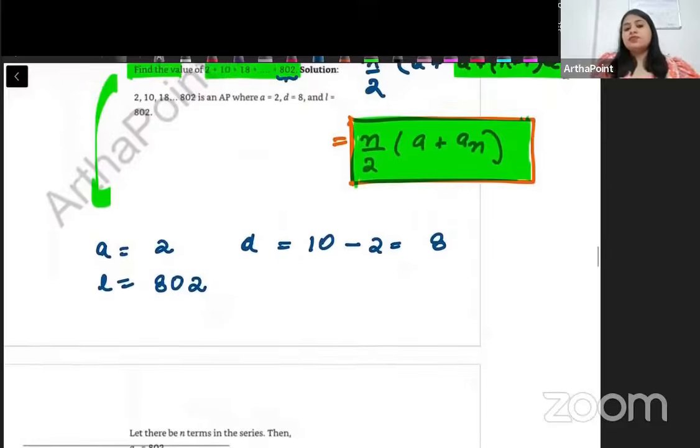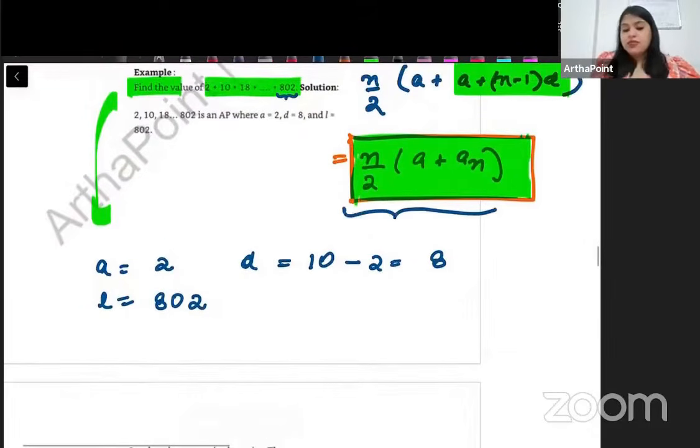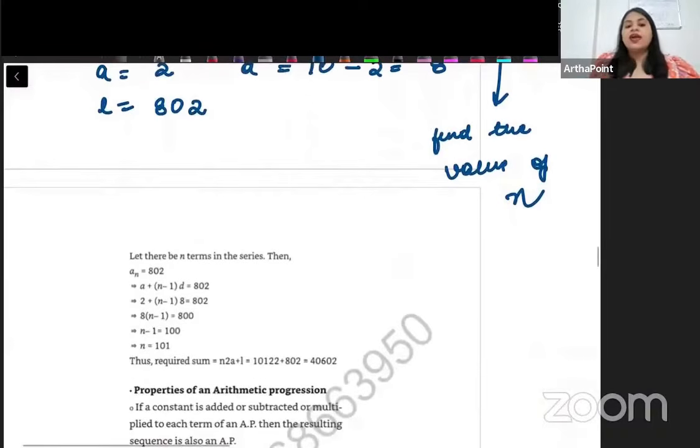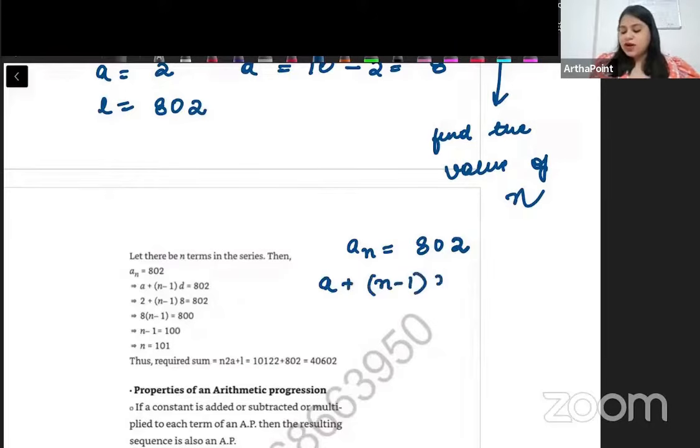But beta, in order to find the sum, I should be able to find the value of n. For finding the sum, I need this n. How can I find this n? Well, I know that the nth term is 802. I know that the nth term can be written as a plus n minus 1 d. This is 802.